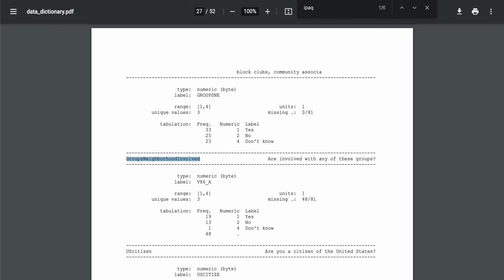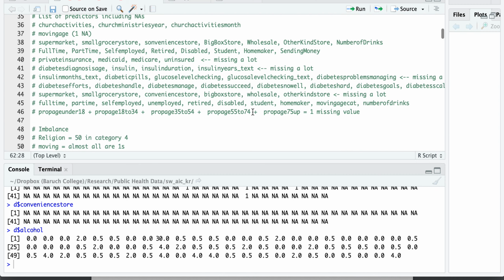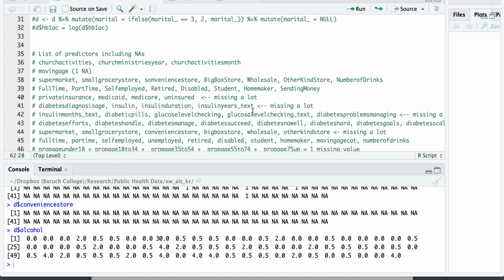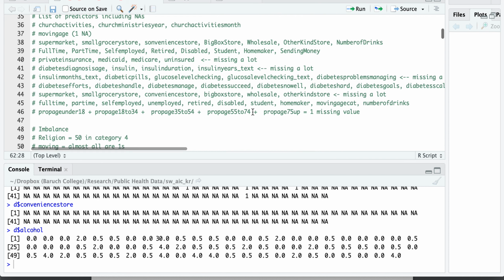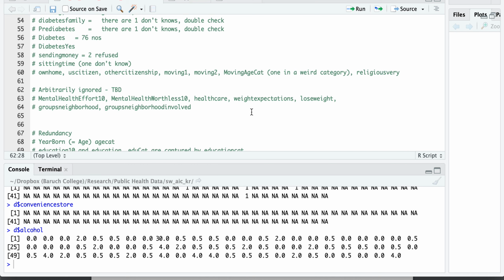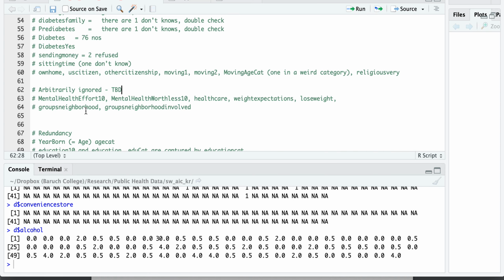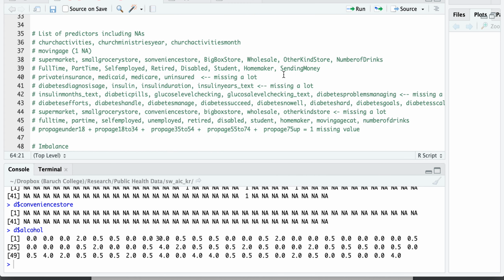Group neighborhoods involved is removed because they're missing, not because it's arbitrary. Neighborhood, because they're missing values.